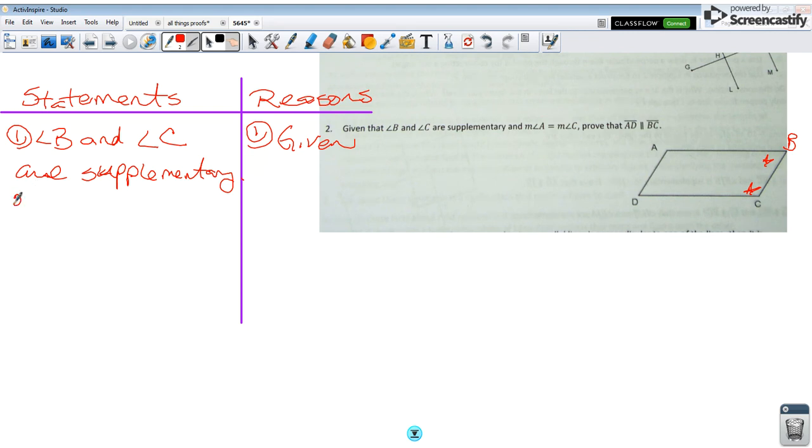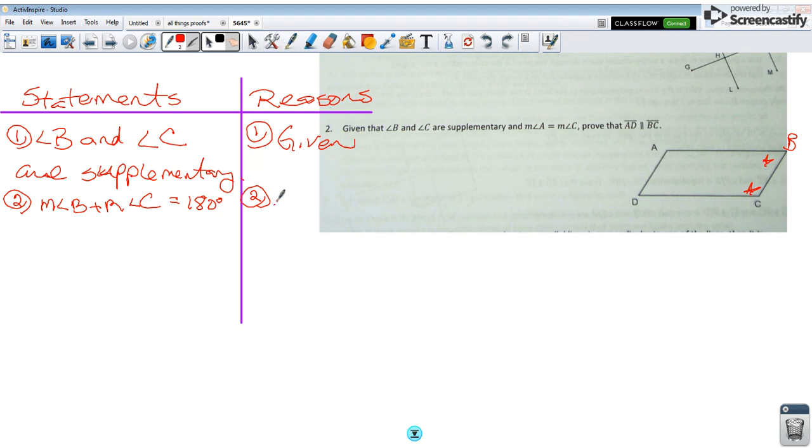All right, so then our second statement, let's say that the measure of angle B plus the measure of angle C is 180 degrees based on a linear pair. Sorry, not a linear pair. What was I thinking?